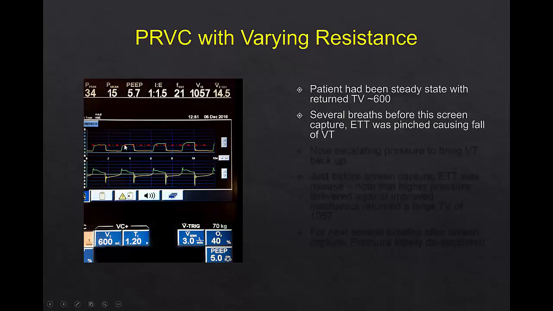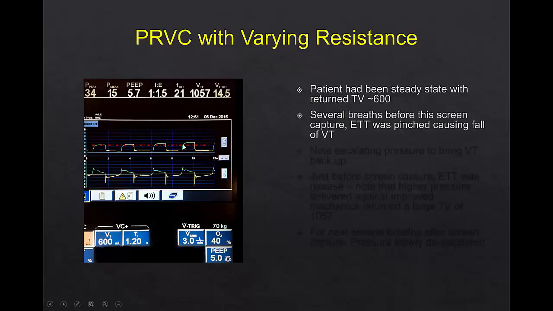What happened is the machine realized the tidal volumes fell off and it started to incrementally raise the pressure target until it got the tidal volumes up to 600. And then if I had left it pinched, it simply would have gotten back to 600 cc's at a higher pressure. But for dramatic effect, I did one more thing: right before the screen capture, I released the endotracheal tube and I freed up the resistance.